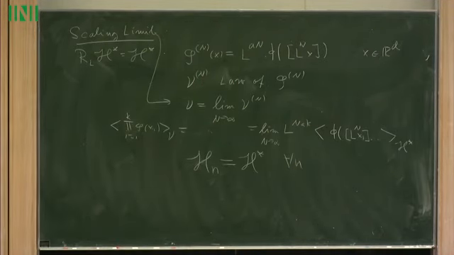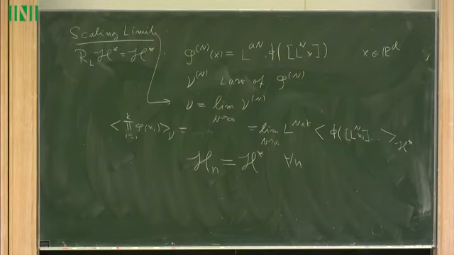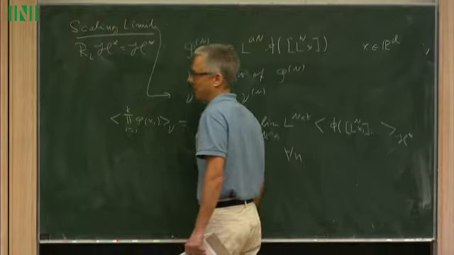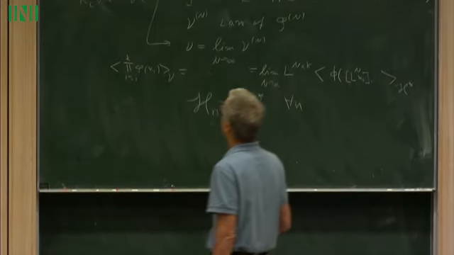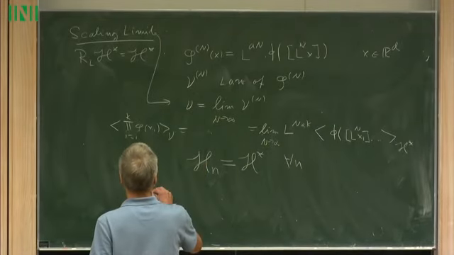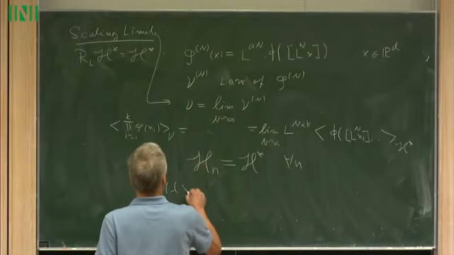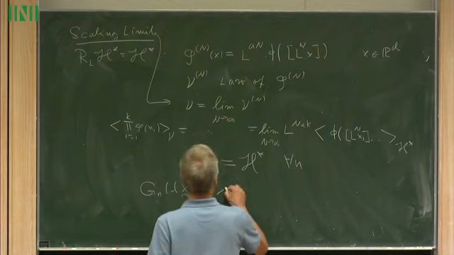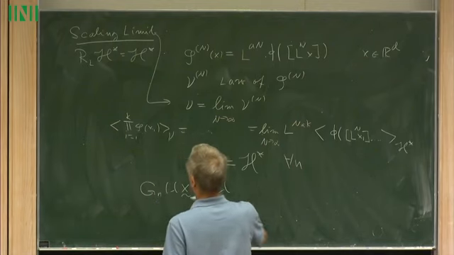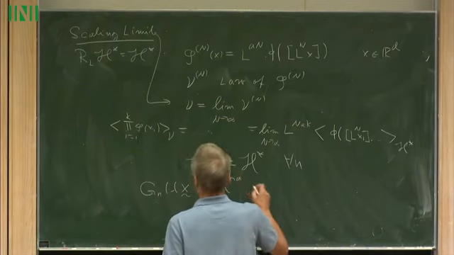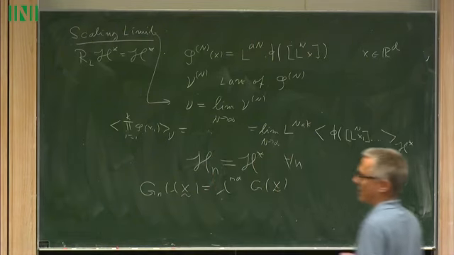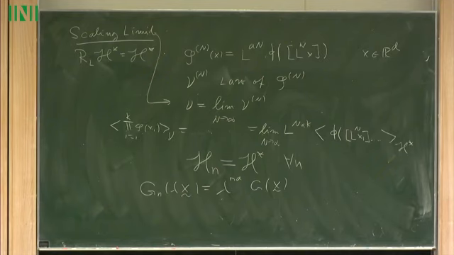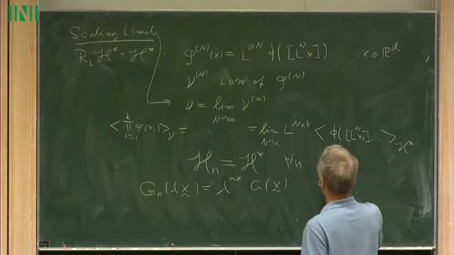Okay, so if you take the scaling limit, then its effective actions are just the same guys once you go to the dimensionless variables. And this is a scale invariant quantum field theory, so its correlation function scales exactly like that, and is also, once this has the reflection positivity property, a conformal field theory.